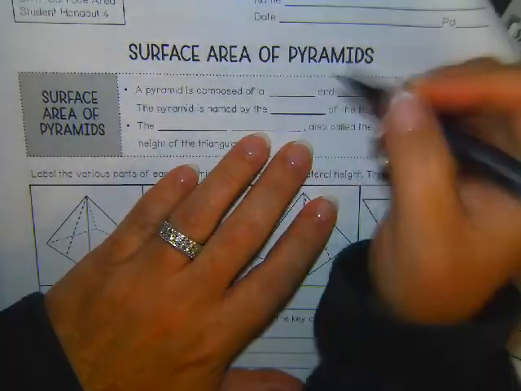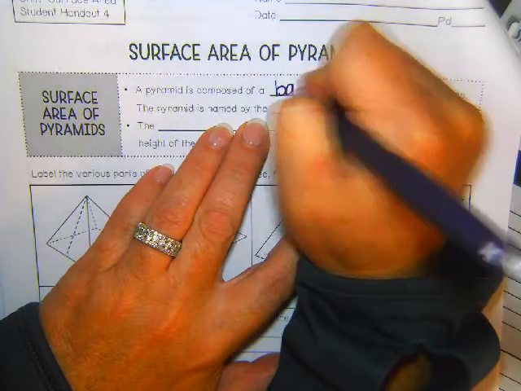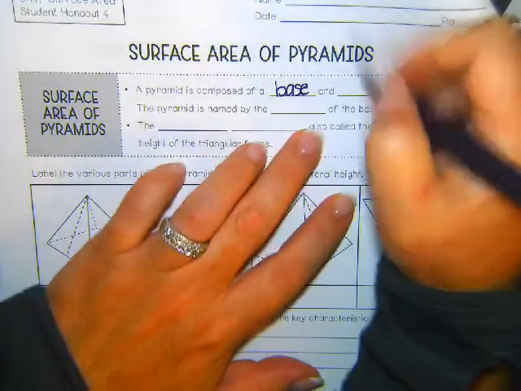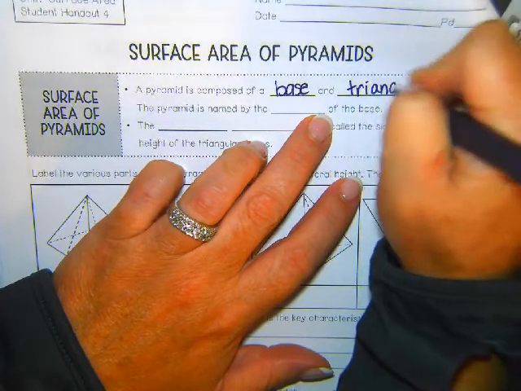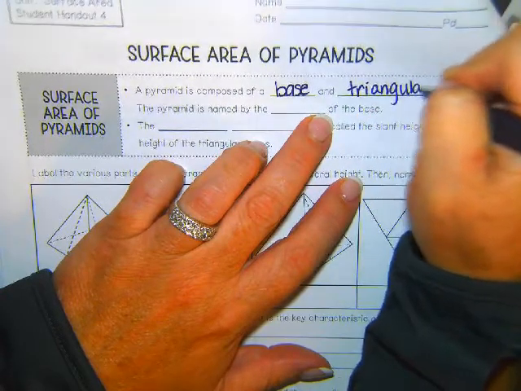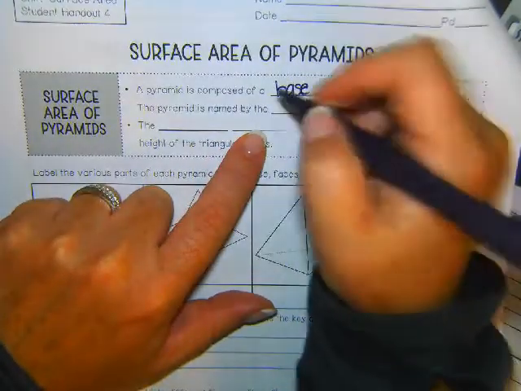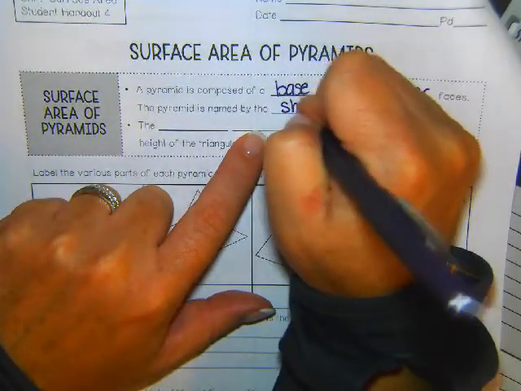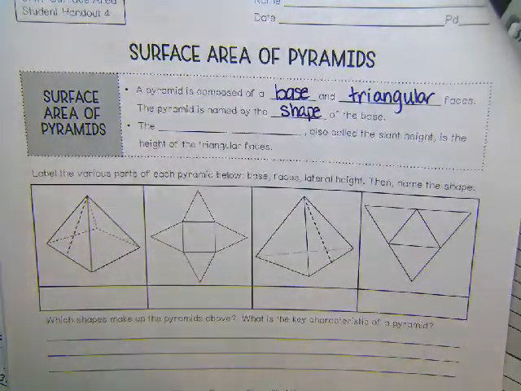A pyramid is composed of a base and triangular faces. The pyramid is named by the shape of the base. So whatever the base is, that's what you call it.